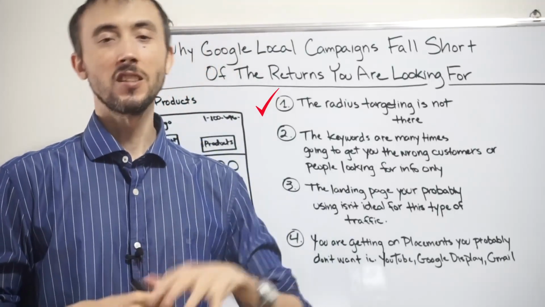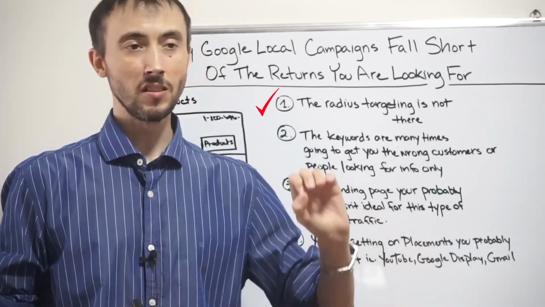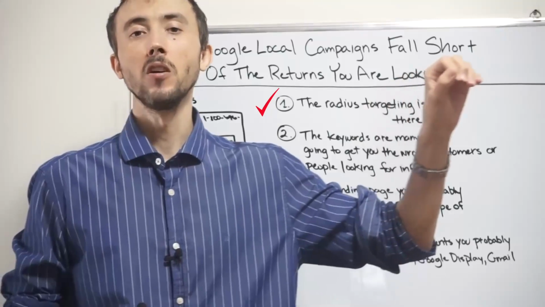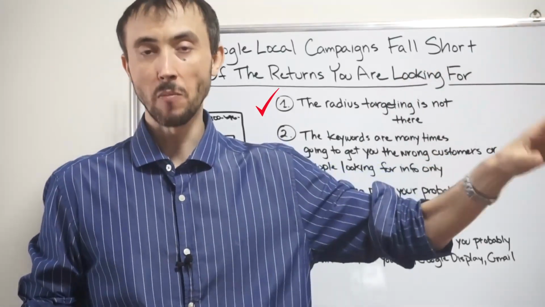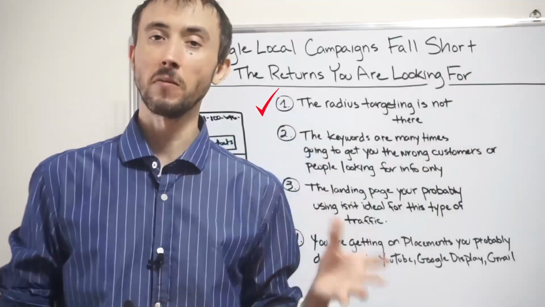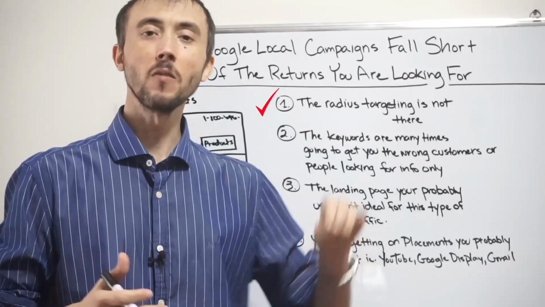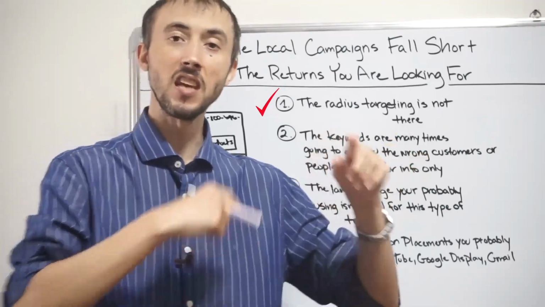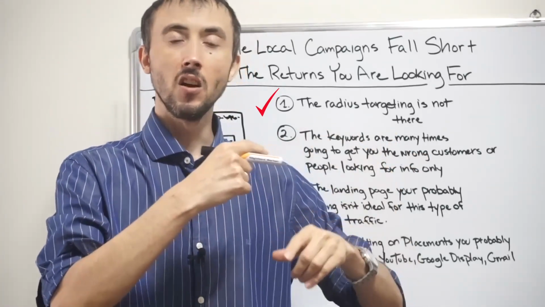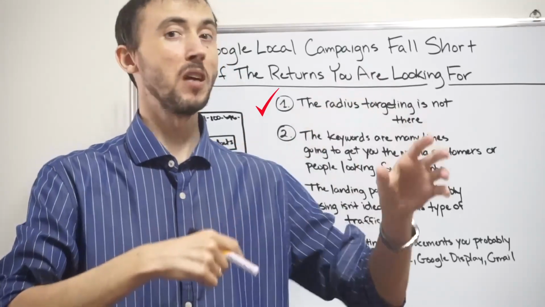And so the testing that Google is going to do to decide if your ad should show up for somebody within 10 miles, 15 miles, 20 miles, whatever, is going to be poor. Of course, they could look at engagement rate with your ad to see whether or not people from 10 miles out should see it.